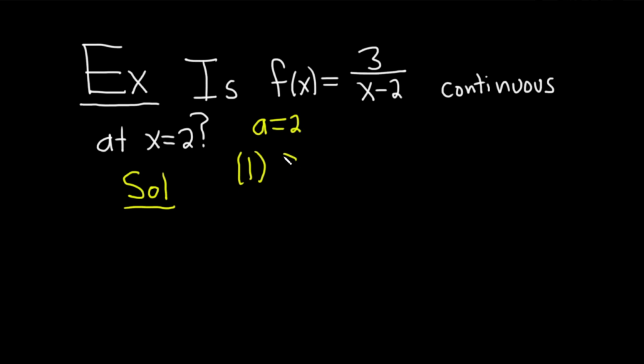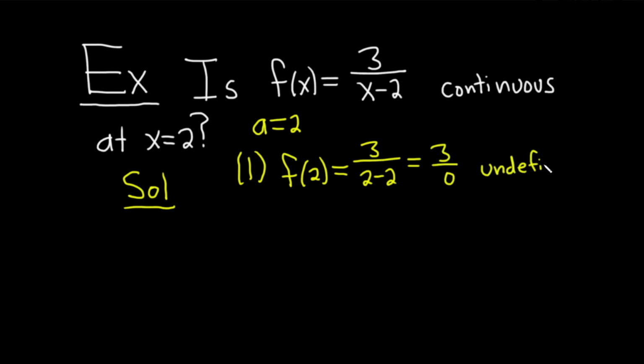So we have to look at f of 2 and see if this actually makes sense. Well, when you plug in 2 into this function, you get 3 over 2 minus 2, which is equal to 3 over 0, which is undefined. You're not allowed to have 0 in the denominator. So condition 1 fails, so the answer is no. It is not continuous at x equals 2.